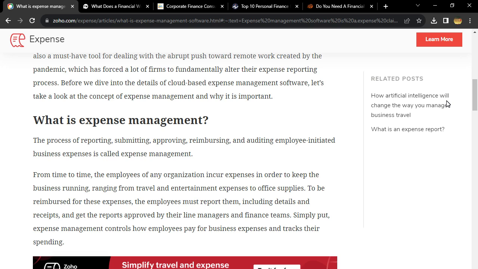To be reimbursed for these expenses, the employees must report them, including details and receipts, and get the reports approved by their line managers and finance teams. Simply put, expense management controls how employees pay for business expenses and track their spending.